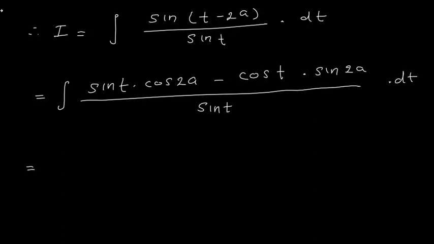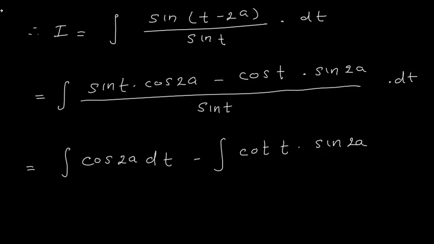So this is sin t, and sin t you can cancel. So here you have cos 2a. We separate it: cos 2a into dt minus the integration of cos upon sin, which is what? Cot t into sin 2a into dt.